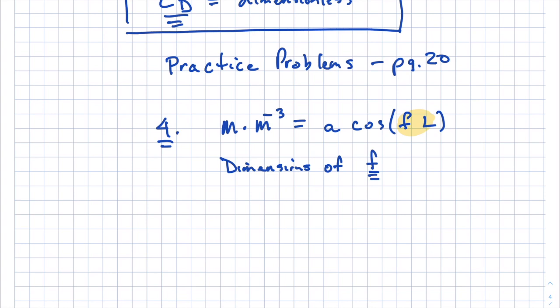All the dimensions need to cancel. Because I have an L here, f needs to be L to the minus 1, so that this will cancel and we'll end up with a dimensionless quantity. So there's the hint on that.